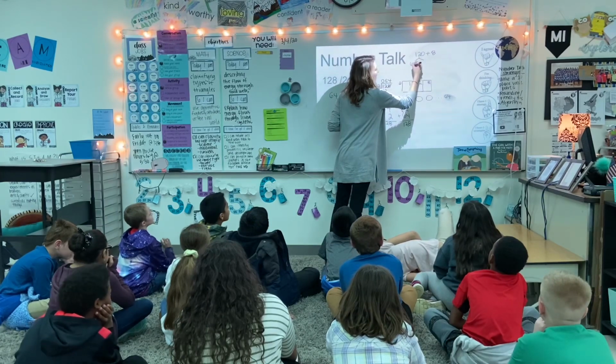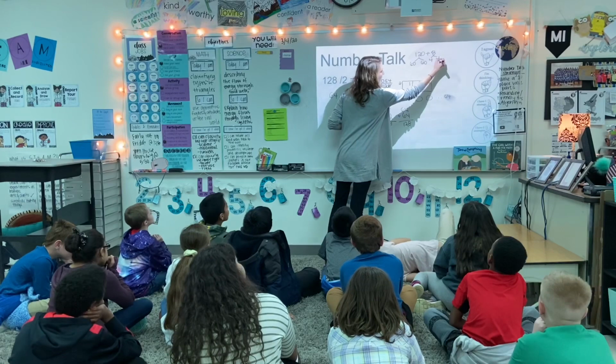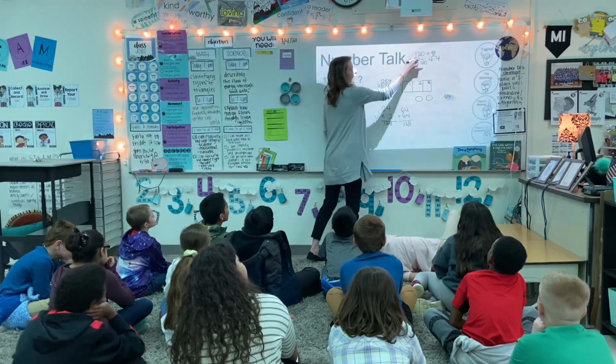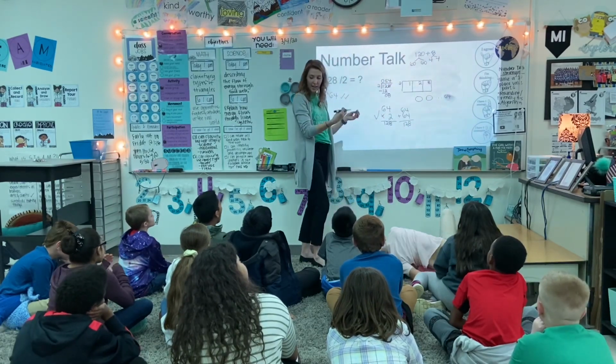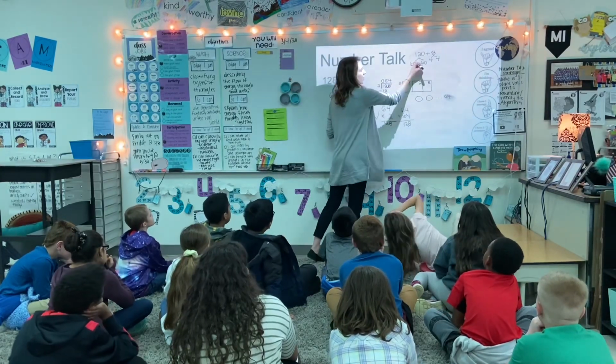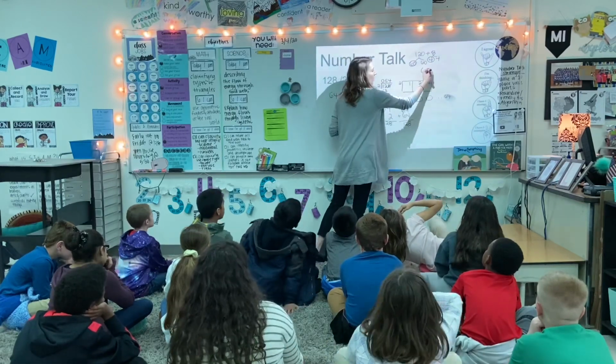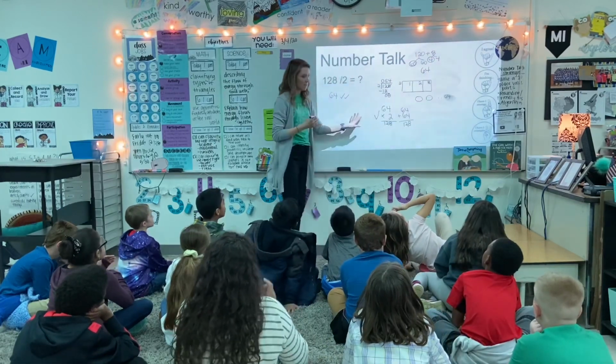And then I divided 8 by 2 and got 4, and then I added them. So I heard you say you broke it into place value parts. 120 is 60 plus 60. 8 is 4 plus 4. So we can get 64.